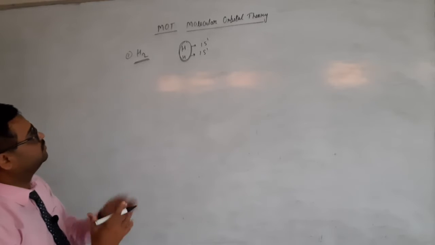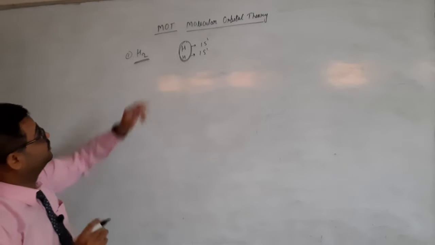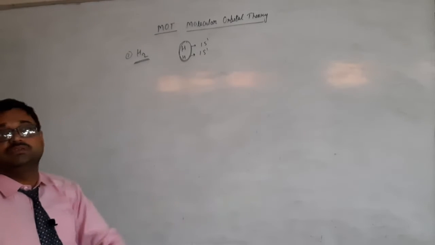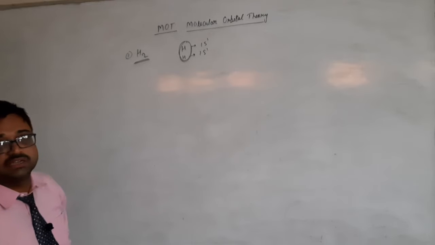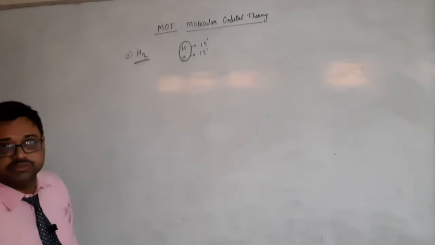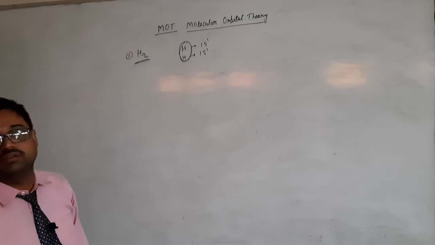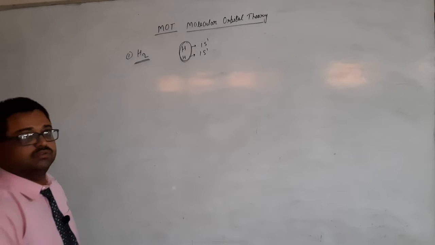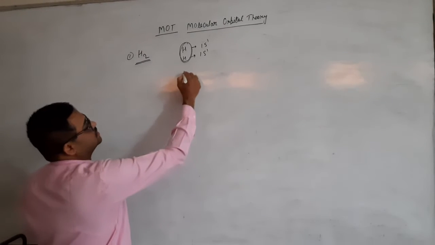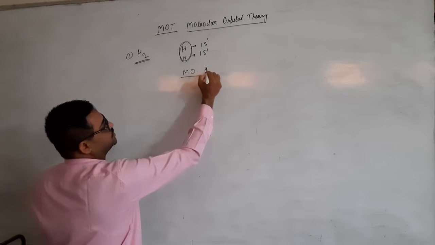So how the mixing is going to take place, and what is the benefit of studying this molecular orbital theory? What type of questions are coming in competitive examinations? That we have to see. So first we will make the MO diagram, molecular orbital diagram, of the H2 molecule.